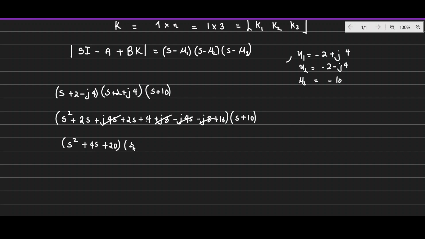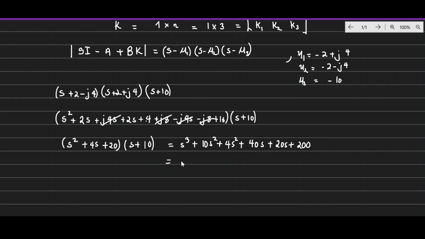And then multiply by s plus 10. So s times s squared is s cubed, plus s squared times 10 is 10s squared, and 4s times s is 4s squared. 4s times 10 is 40s, plus 20 times s is 20s, and 20 times 10 is 200.